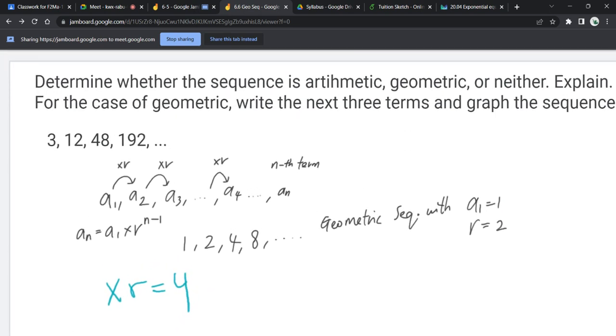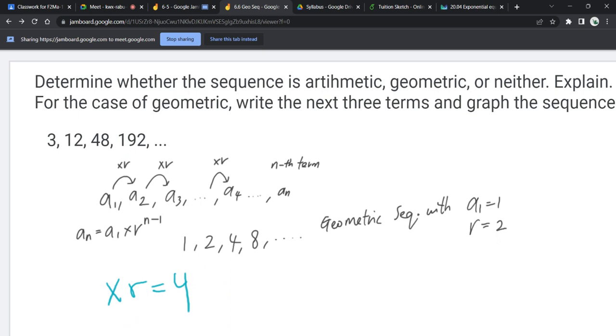So it's actually exponential, but we only consider integer values.